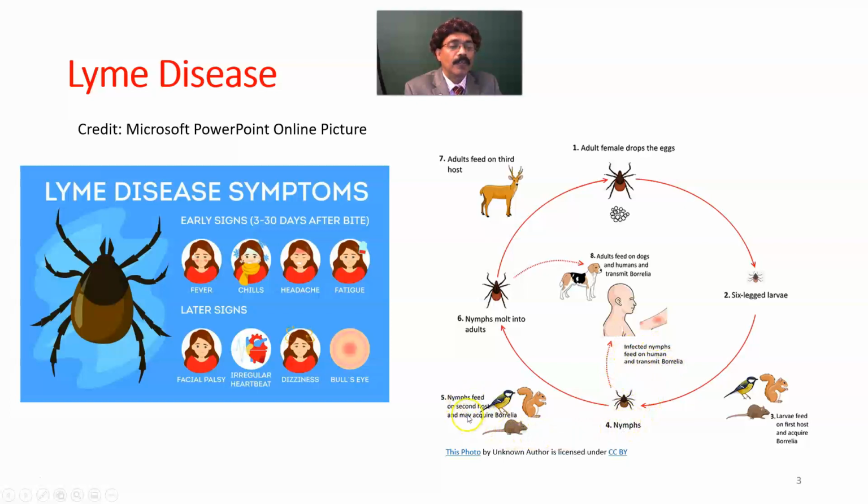Again, the nymph feeds on a second host and may acquire Borrelia from there. The nymph molts into an adult. The adult tick will be on the skin of the deer. The adult feeds on dogs and humans and transmits Borrelia. So Borrelia may be transmitted by the nymph or by the adult tick, but mostly by the nymph stage.